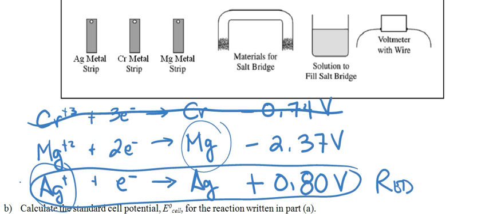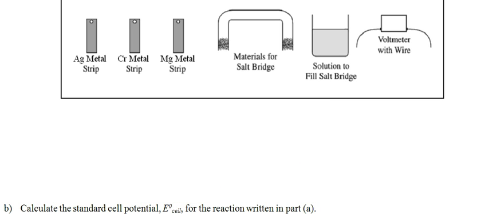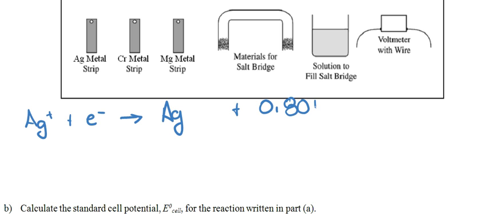Now that we know which things we're going to use, we can answer the question. So we need to write the equation out. And again, it doesn't matter which one you start with. So silver plus 1, and we're going to write our reduction reaction first. You can write the oxidation first, it doesn't matter. And that'll form silver metal, and that has a voltage of 0.80 volts. And you don't necessarily need to write the voltage down for this.